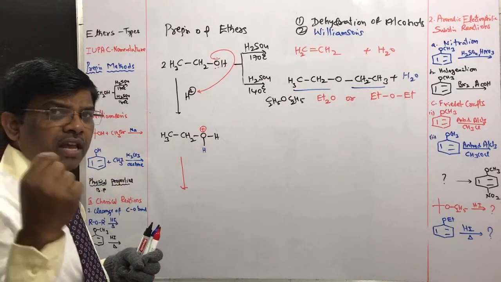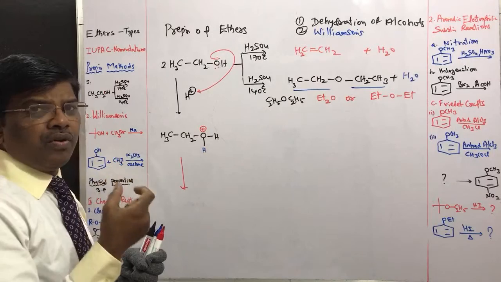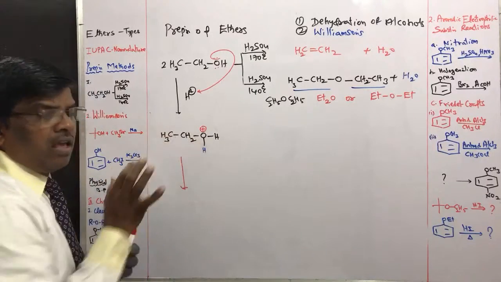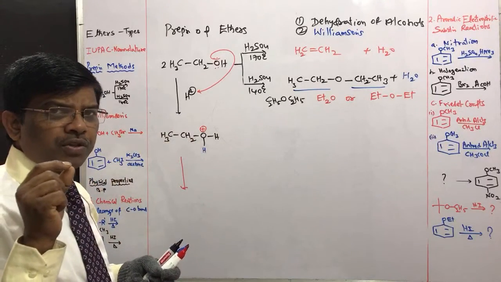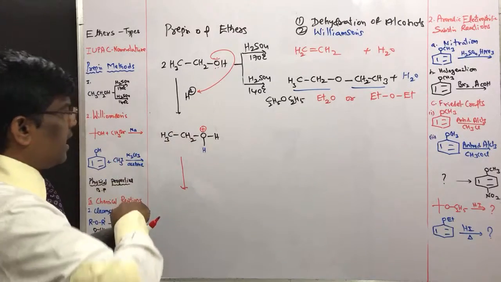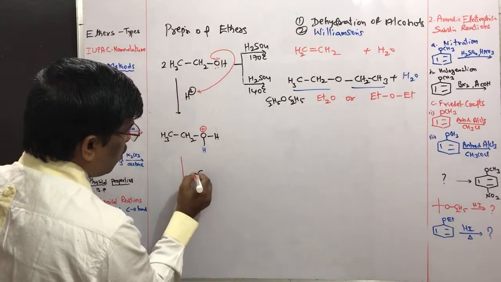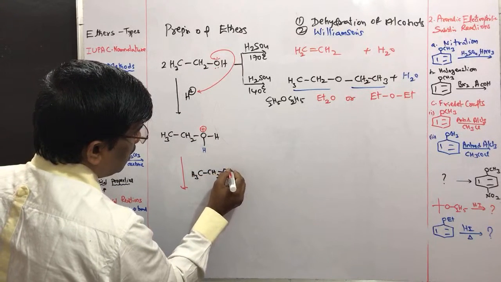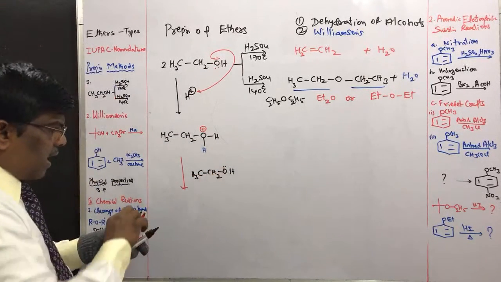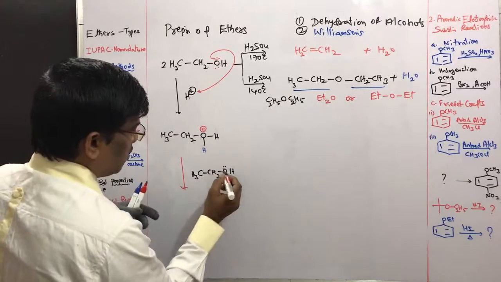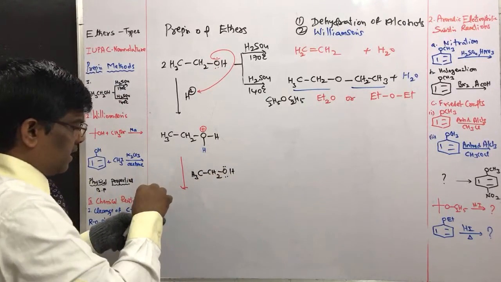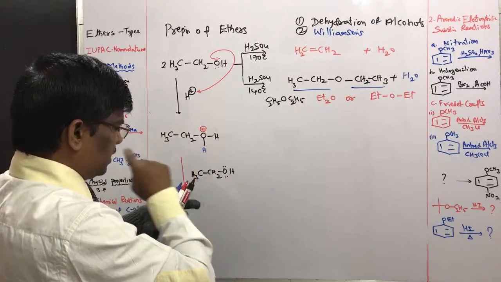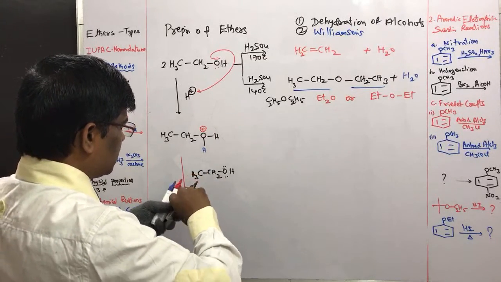This oxonium ion, now what is going to happen? Under SN2 reaction conditions, where it is a primary alcohol, SN2 bimolecular nucleophilic substitution takes place, where another molecule of alcohol enters from the backside.